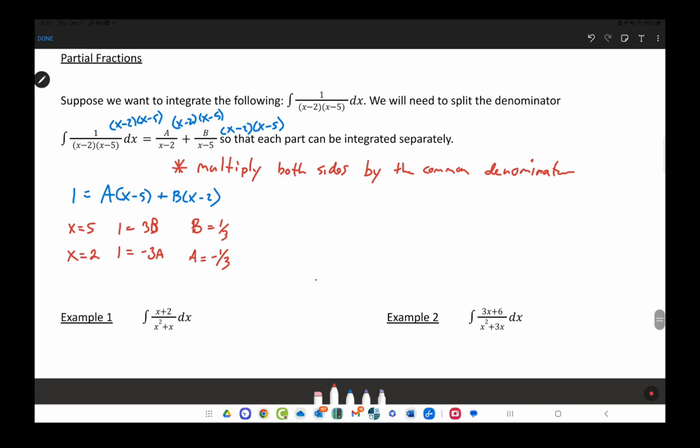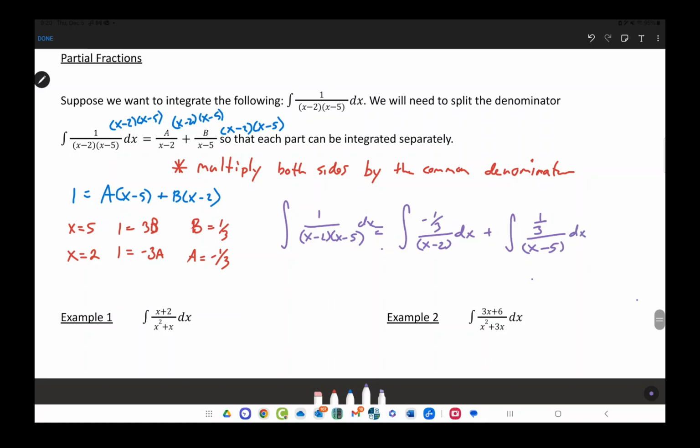So that means I can separate this integral, the integral of 1 over x minus 2 times x minus 5, into the integral of negative 1/3 over x minus 2 dx plus the integral of 1/3 over x minus 5 dx.